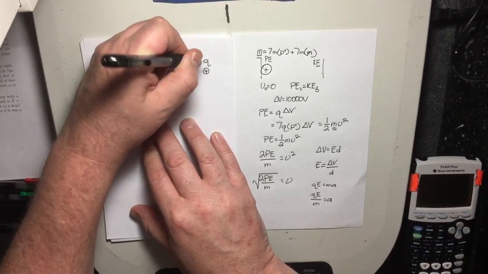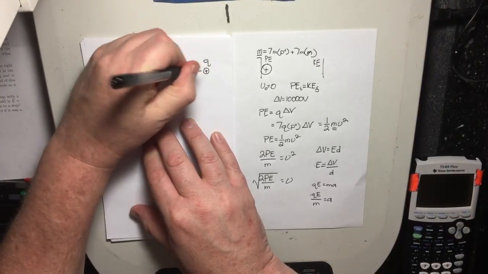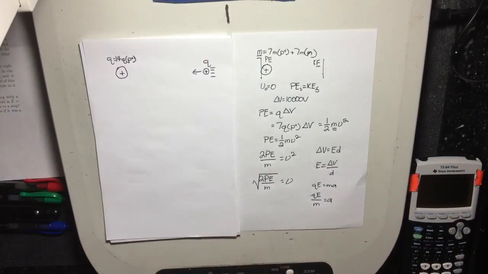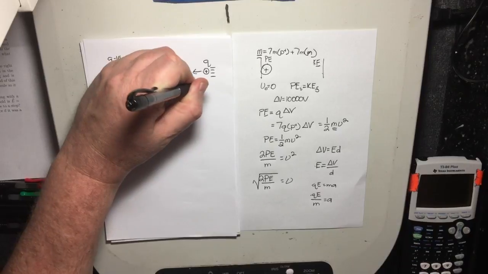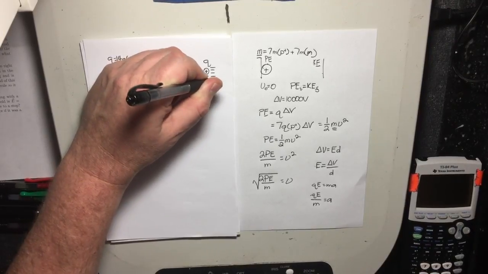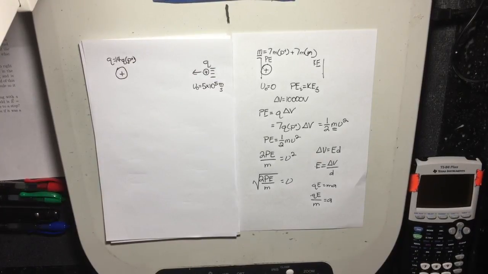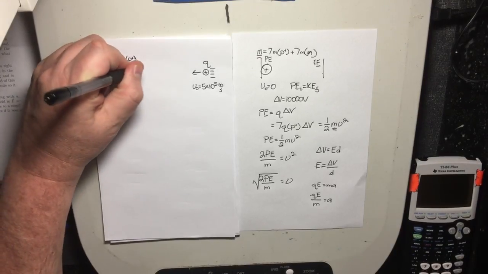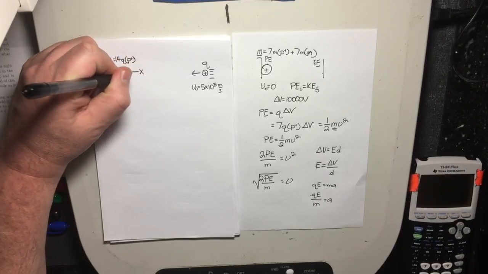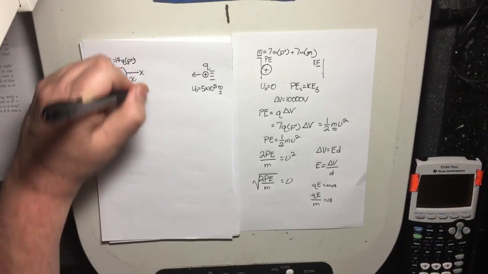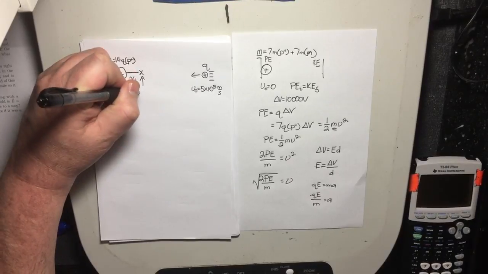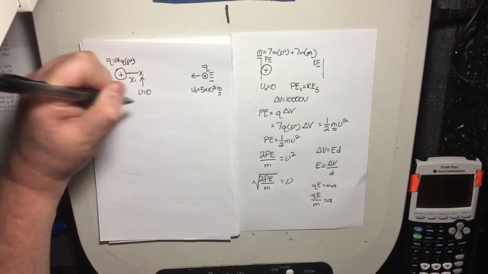This is the charge moving at the nitrogen nucleus at a particular velocity, 5 times 10 to the 5th. The nucleus doesn't move. How close will the proton get to the nucleus before it comes to a stop? So what you're doing is looking at a particular distance x where the velocity at that point is 0.